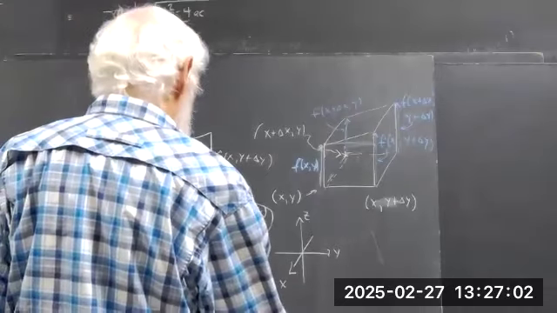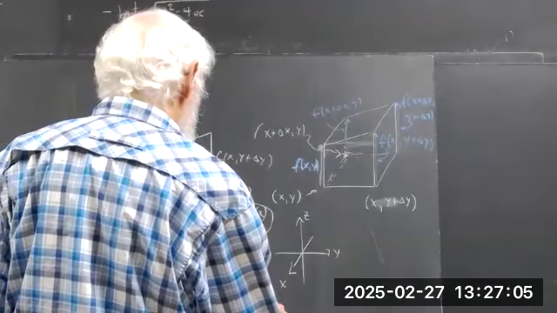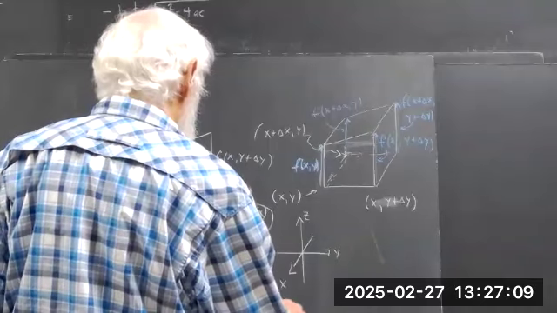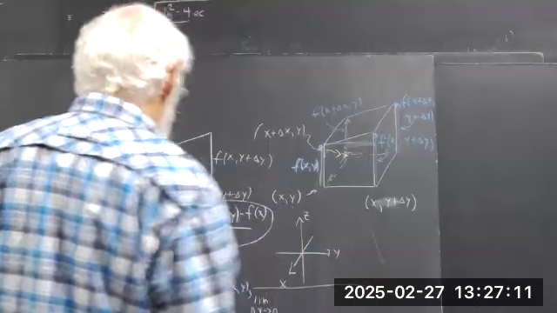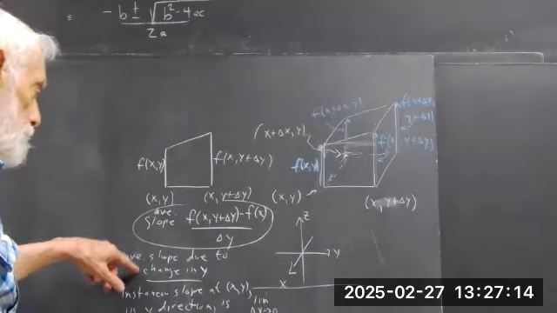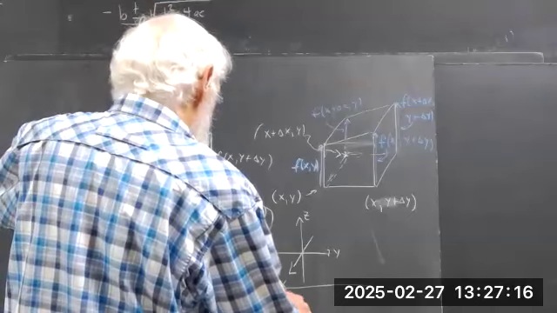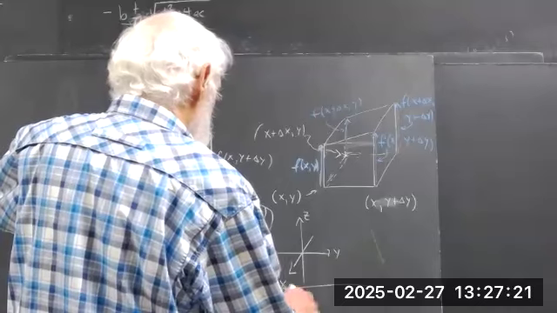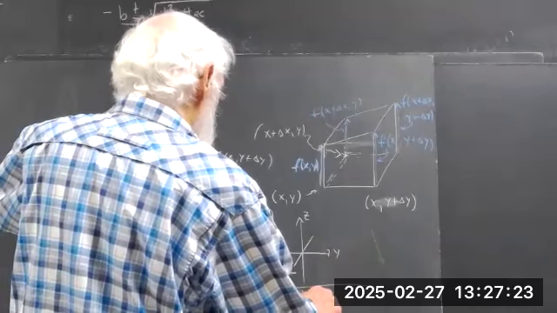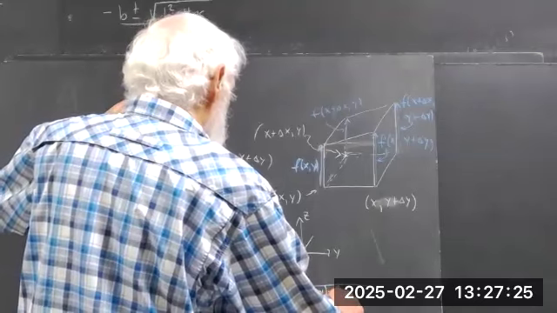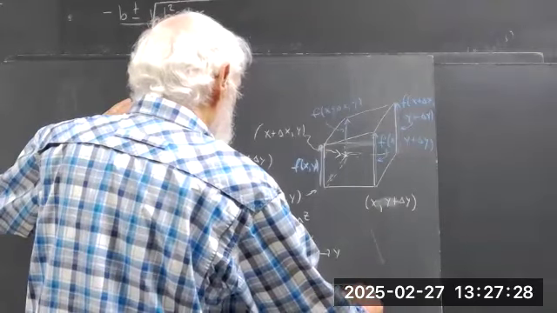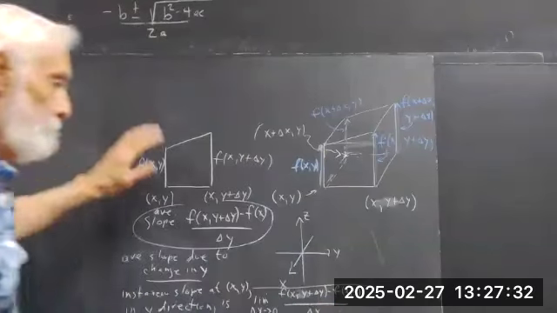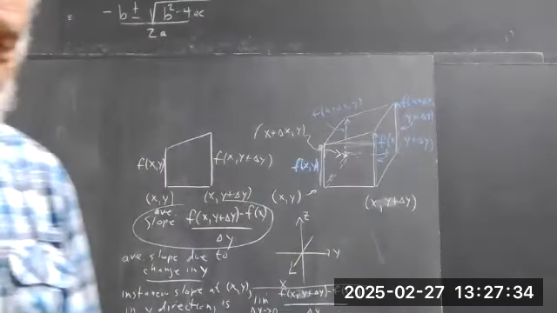I'm just going to continue my steps out here. It's the limit as delta y approaches 0 of the average slope, which is just f of x, y plus delta y minus f of x, y over delta y.